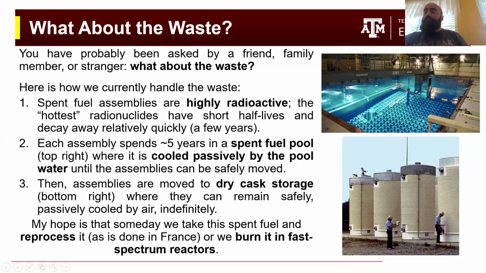If you recall from your radioactivity equation, activity is proportional to the decay constant lambda times the number density of the material that you have. Recall that the decay constant is inversely proportional to the half-life. So if something has a very high decay constant, it means that it has a very small half-life.